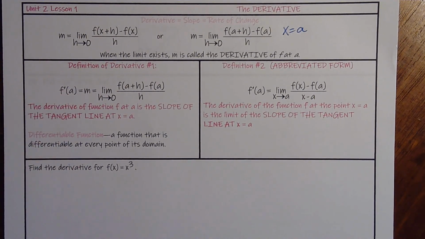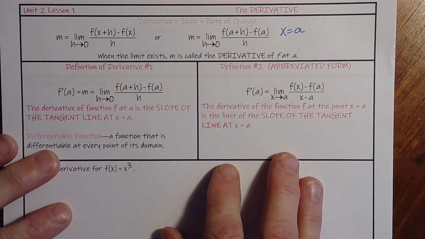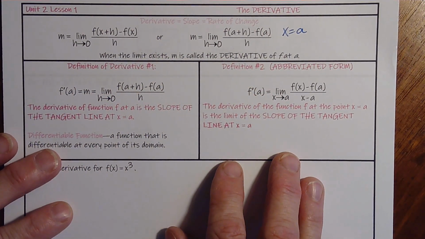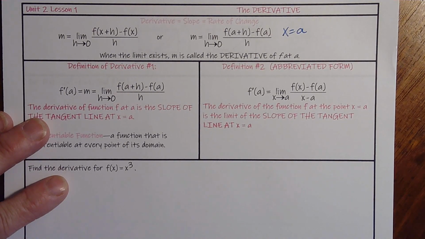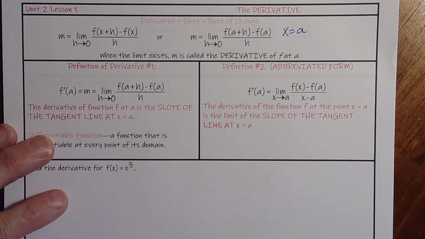So when we're talking about limits in terms of rates of change, when the limit exists, the slope is actually called the derivative. You've been working with slope for a long time, at least from Algebra 1, if not perhaps in middle school in some capacity. But you've been working with the derivative.